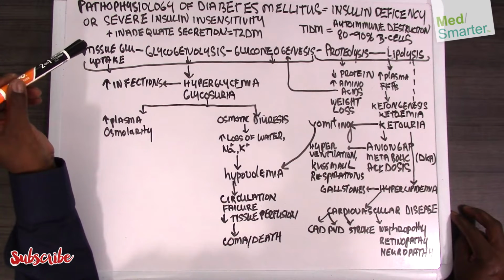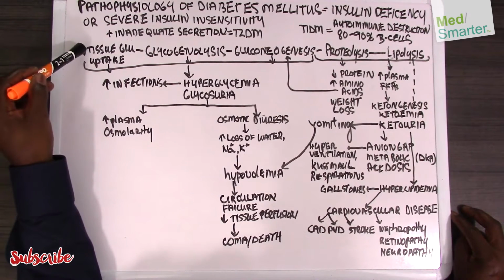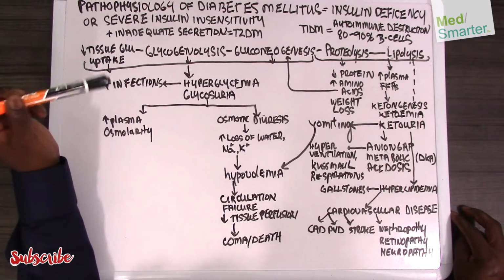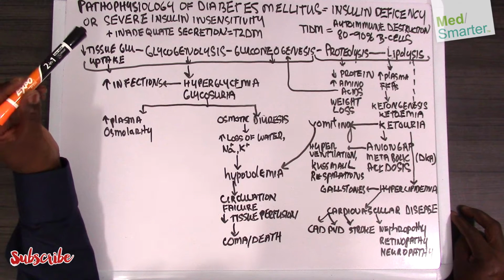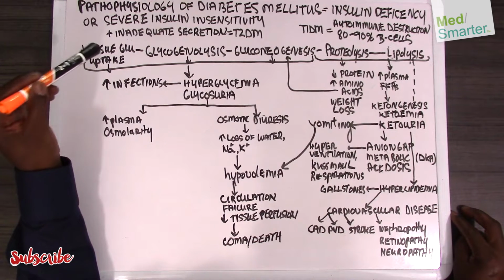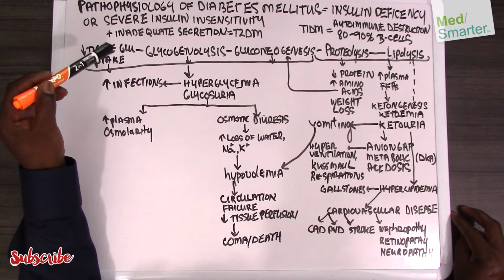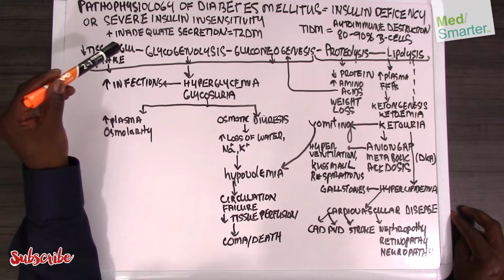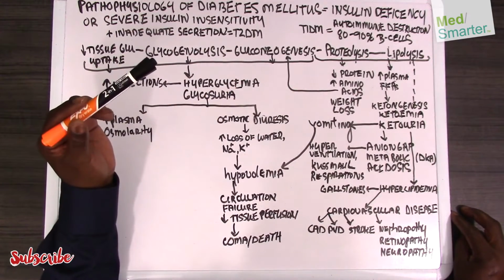In any case, both of these situations are going to result in a decrease in tissue glucose uptake. The decrease in tissue glucose uptake is going to result in a decrease in the intracellular glucose, and that is going to trigger in the liver glycogenolysis and gluconeogenesis.